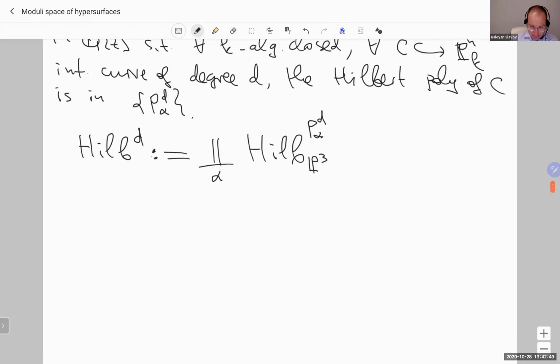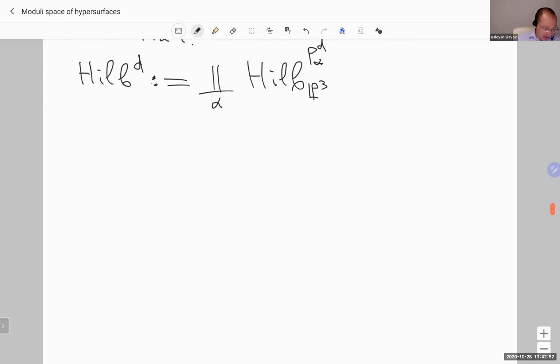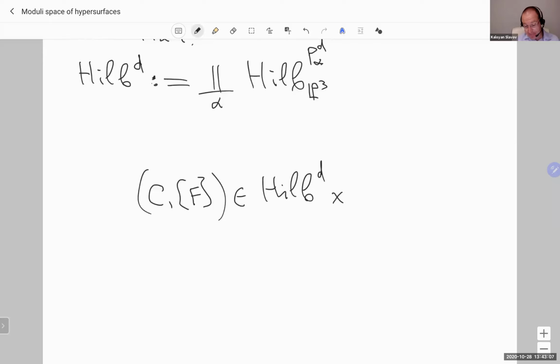Now let's set up an incidence correspondence. Let's consider all pairs C and F inside Hilb D. C will be, let's call it not an integral curve, but a closed subscheme with Hilbert polynomial one of these, and F will be a hypersurface such that C is contained in V of F singular locus.